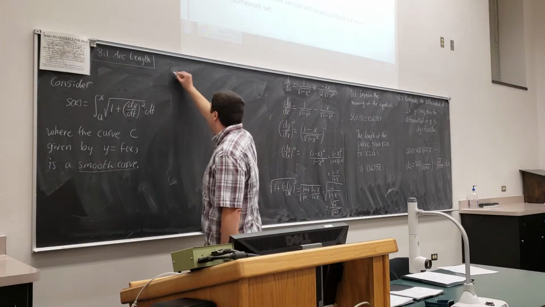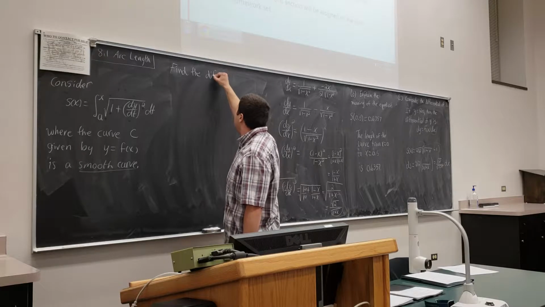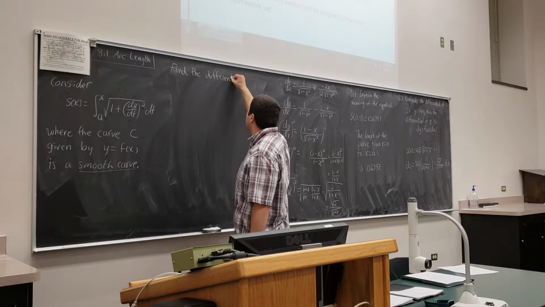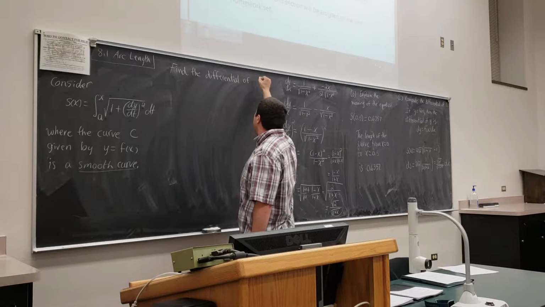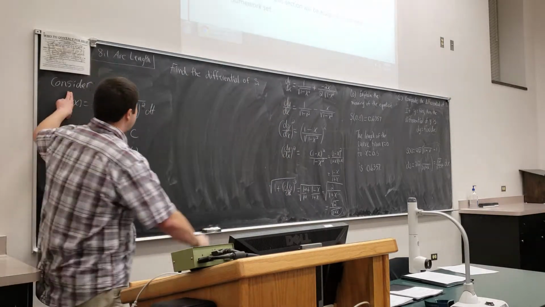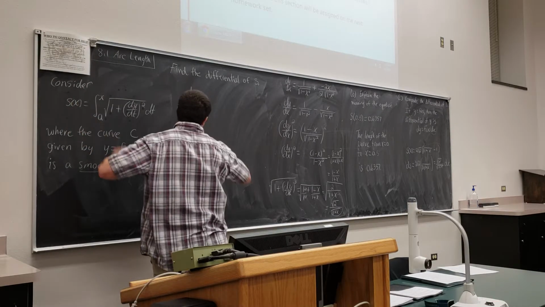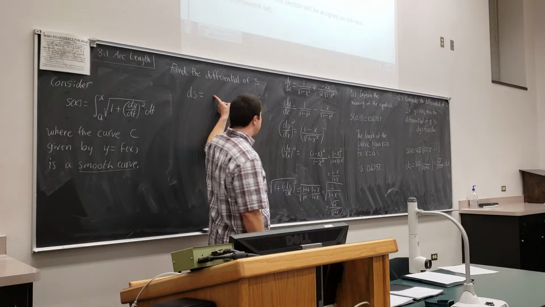The problem says find the differential of s. So if that's our function s, we can write that the differential will be ds equals, the next thing after the differential would be a derivative.